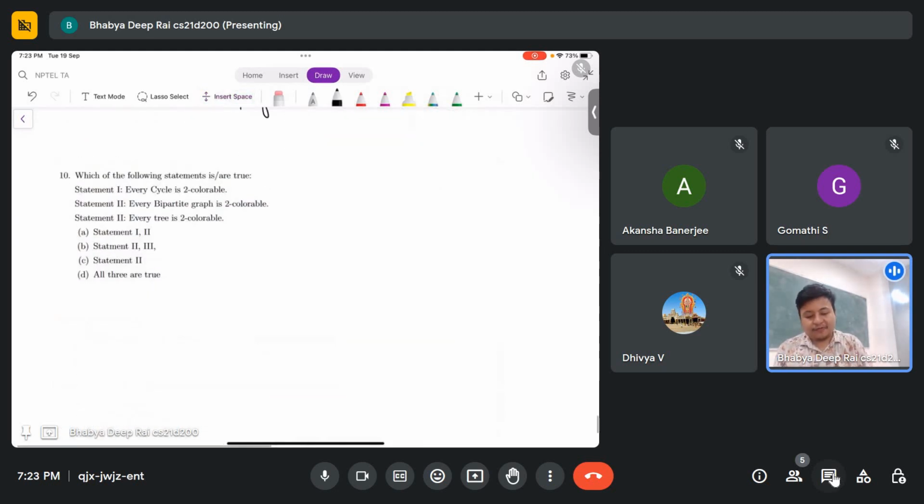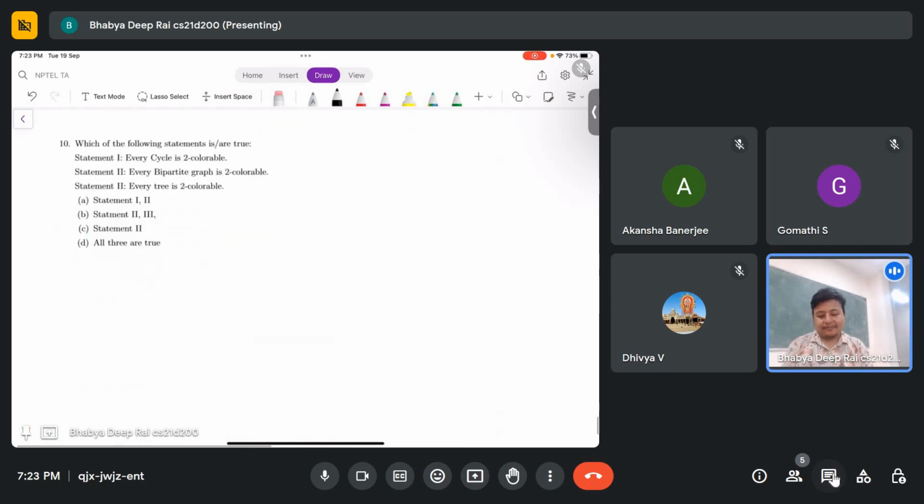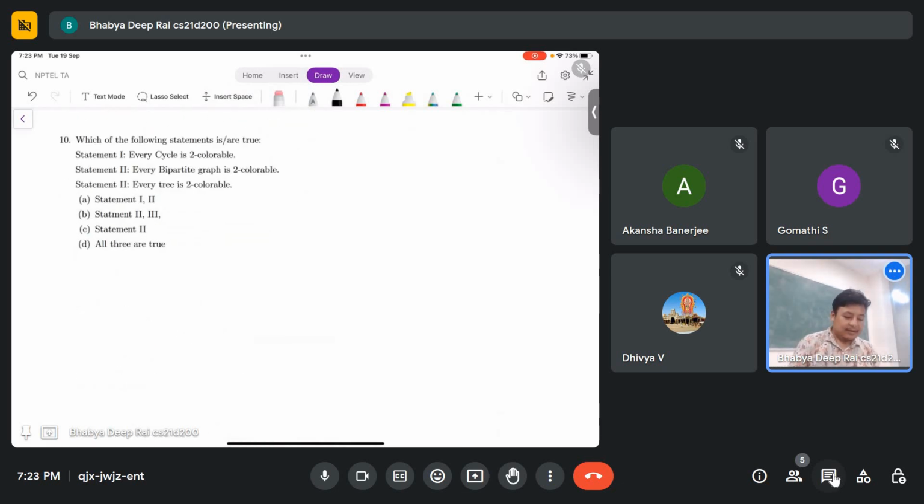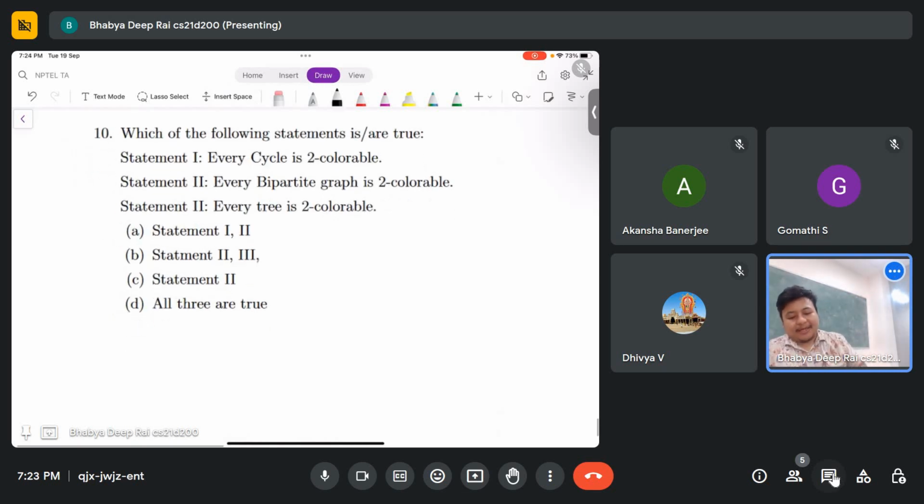And finally we move to the final question of this session. Which of the following statements are true about colorability? Every cycle is 2 colorable. What does it mean to be 2 colorable? The chromatic number is 2, or in other words, the least number of colors needed to properly color that graph is 2.